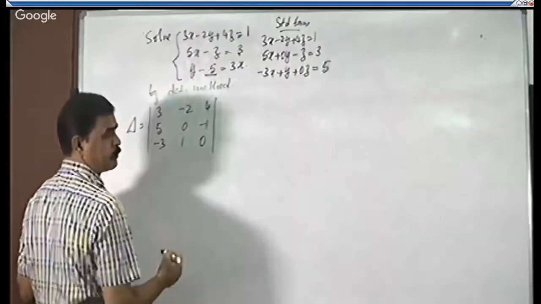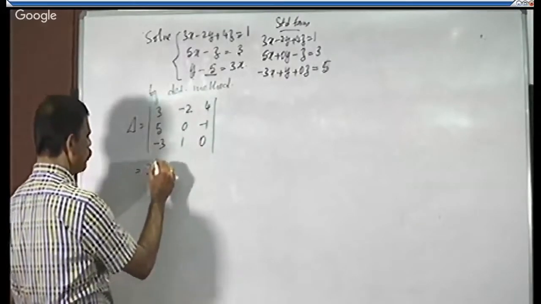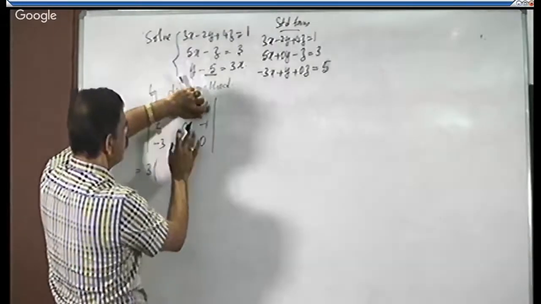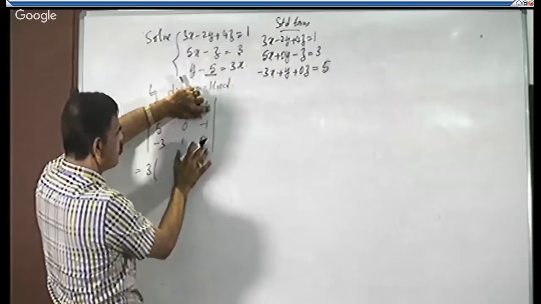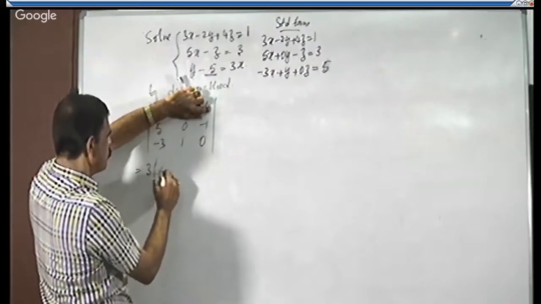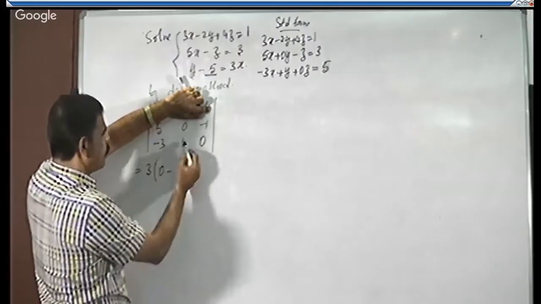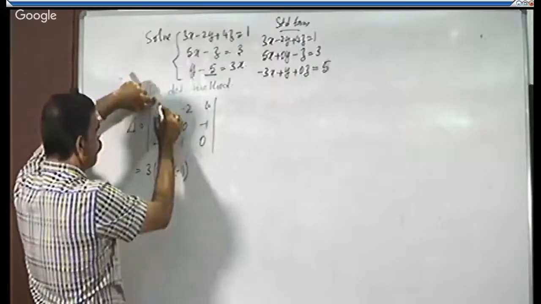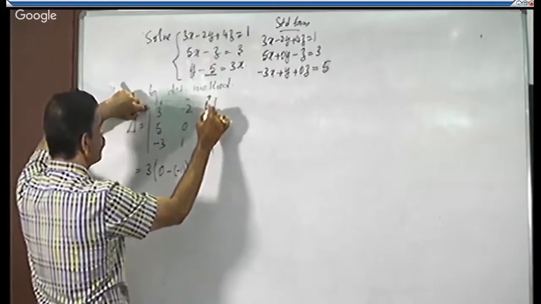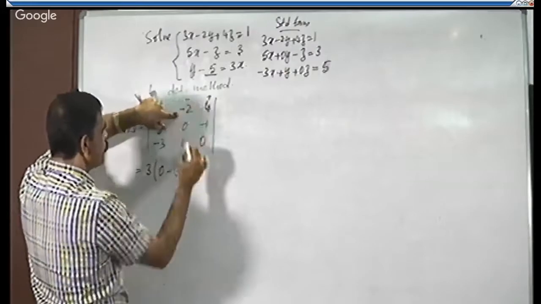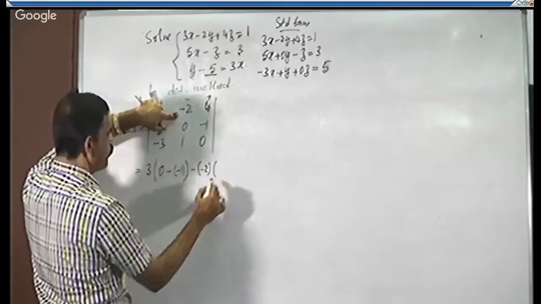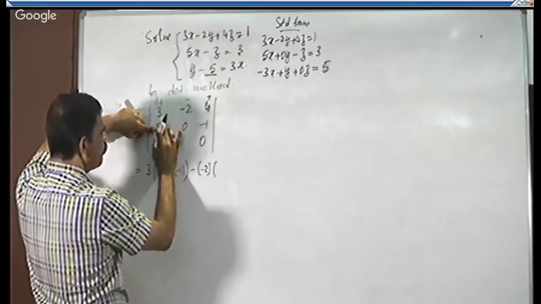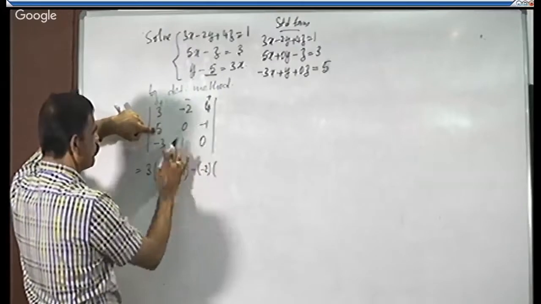Expand it. That is equal to 3 into, I am doing directly, leave the corresponding column and corresponding row. Remaining elements whose determinant is to be found. 0 into 0 is 0, minus, take their product, 1 into minus 1 is minus 1. Plus, minus, plus. I have taken standard symbols. Minus of minus 2 into, I leave the corresponding column and corresponding row. Remaining elements 5, minus 1, minus 3, 0.